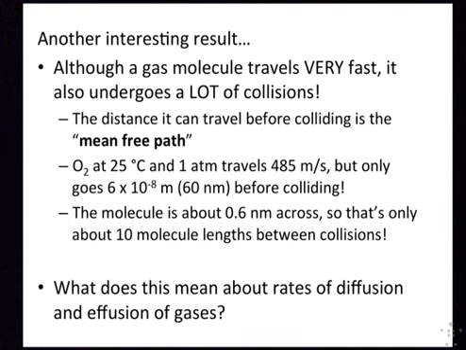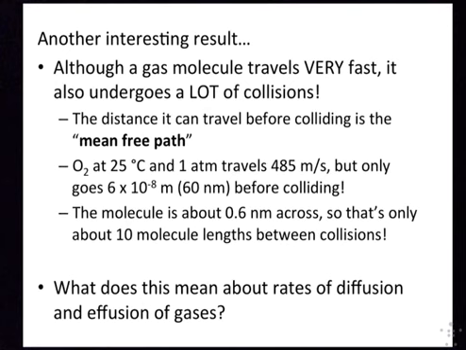Because the molecules are colliding all the time, this is what allows, say, a molecule of perfume, if you open a bottle of perfume at the front of a room, to hit so many other molecules that it bounces around and makes its way to the back of the room. It's going very fast, but it can't travel in a straight line. It has to bounce back and forth between a bunch of molecules.